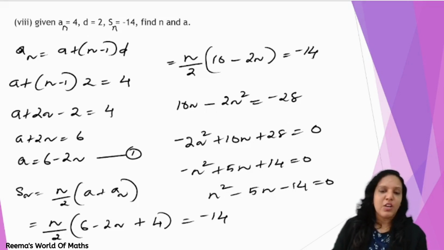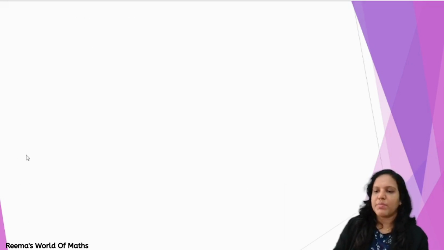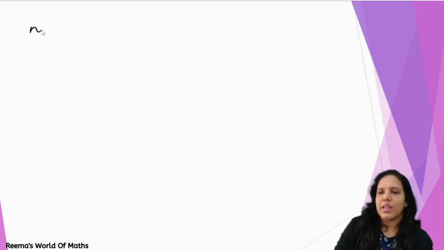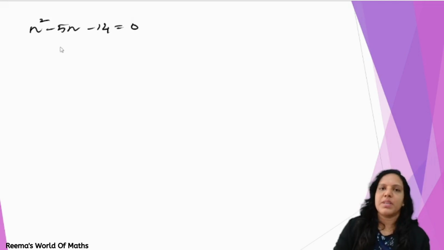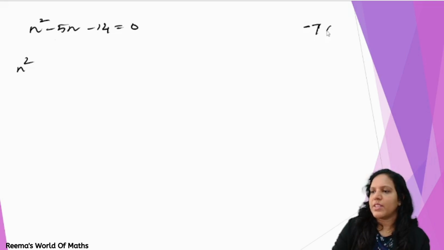So we have got a quadratic equation, n squared minus 5n minus 14 equals 0. Now we can use the splitting the middle term method. We can split minus 5n as minus 7 and 2, which will also give you minus 14.